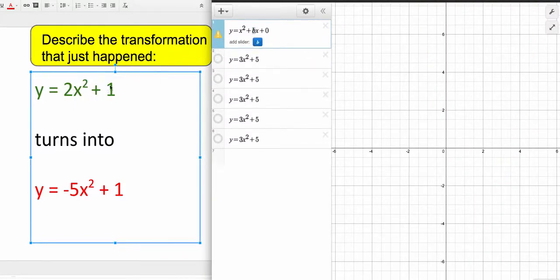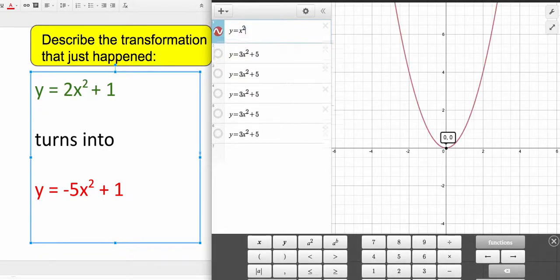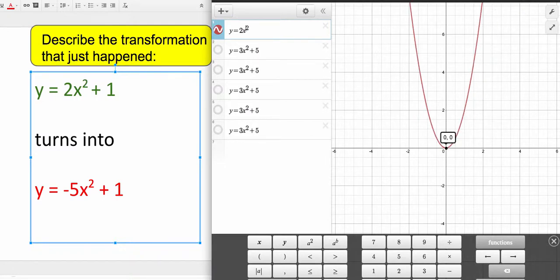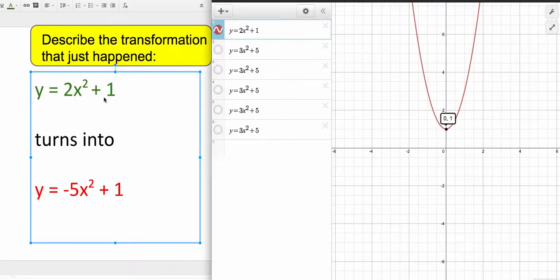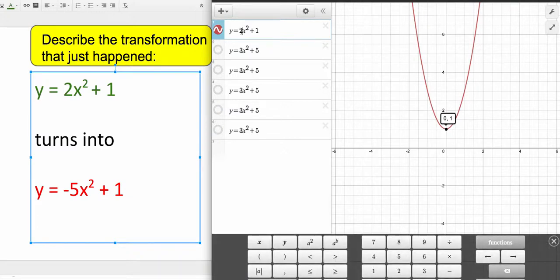We want to figure out what happens if I change 2x squared plus 1 into negative 5x squared plus 1. So we can imagine right off the bat that this 2x squared plus 1 basically shifts it up 1. Our y-intercept should be at 1. And this is 2x squared, which differs from x squared. If it was just x squared, it'd be a little bit wider, but it's 2x squared, so it's brought in a little bit.